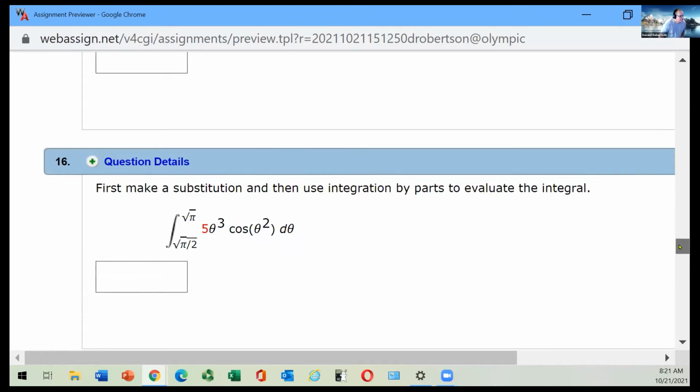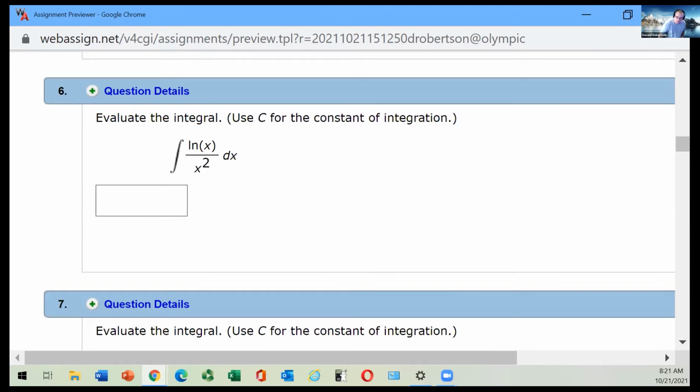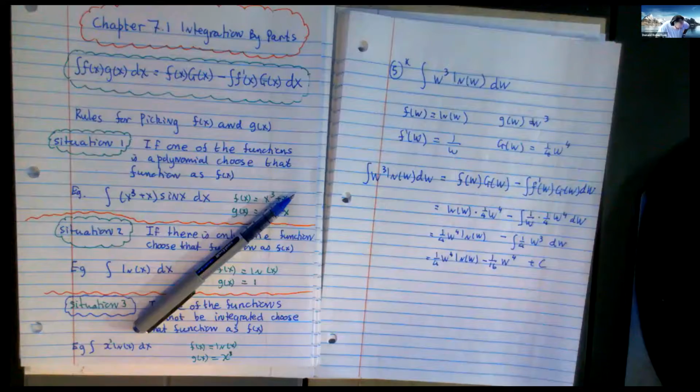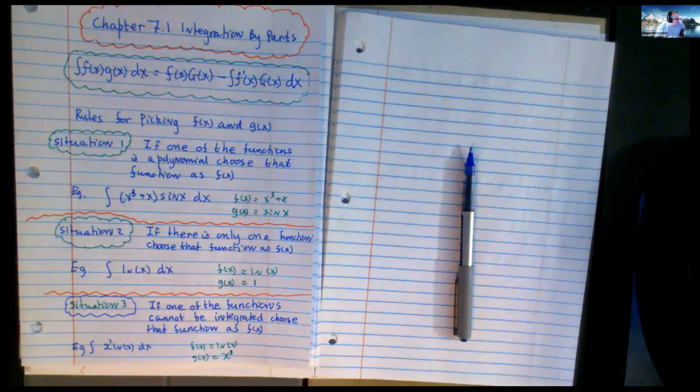So, are we getting a little bit more comfortable with how you would choose your f and your g in these questions? Let's return to doing some more examples. The more you see, the more comfortable the question's going to be to do.